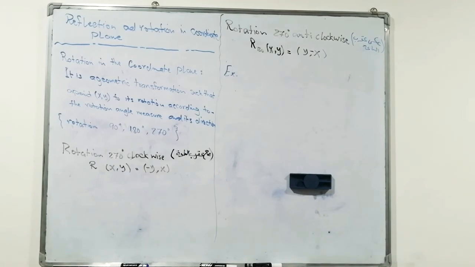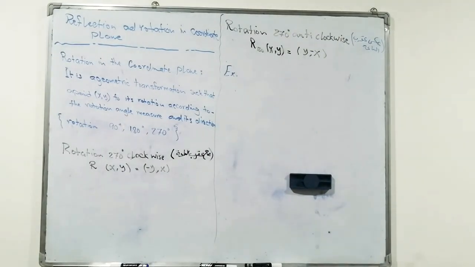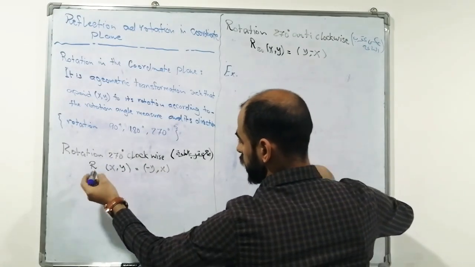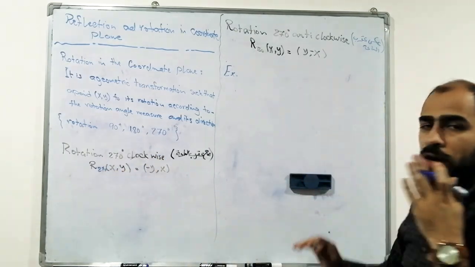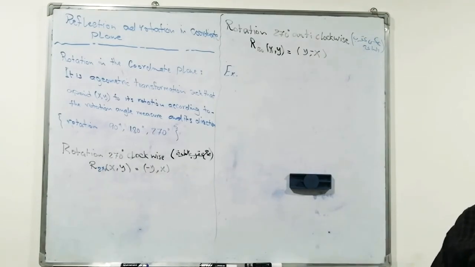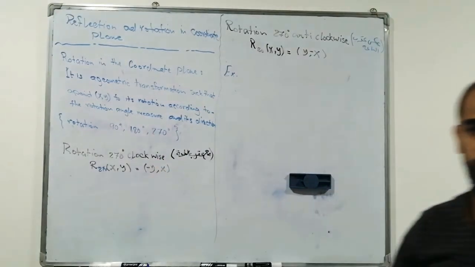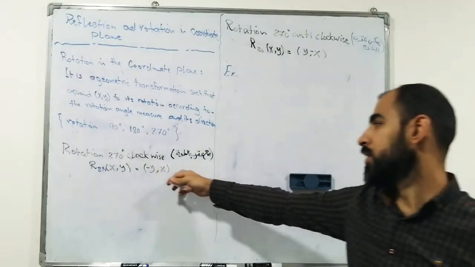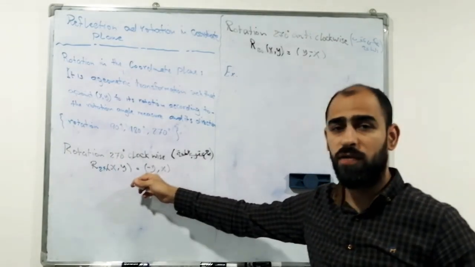The rule of rotation of any point x, y 270 clockwise: for a point x, y we have to change x instead of y and y instead of x, but with clockwise we first change the sign of the first part. It looks like the rule of 90, but there we changed the sign of the second part, here we change the sign of the first part.